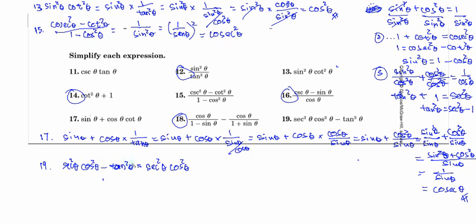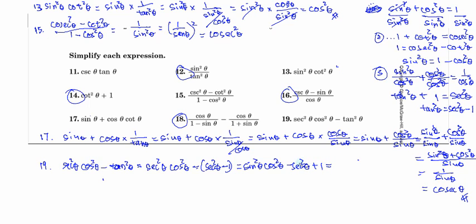So I'm going to replace this tangent square theta with this. So minus secant square theta minus 1. Now I got secant square theta cosecant square theta minus secant square theta plus 1.